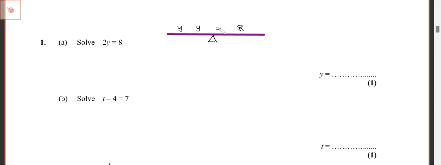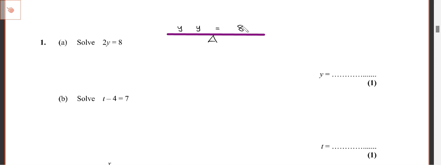So 2 y's have exactly the same value as an 8. So how do we figure out what 1 y must be? Since it's like 2y, if you divide both sides by 2, then you get 2. That's a perfect answer.